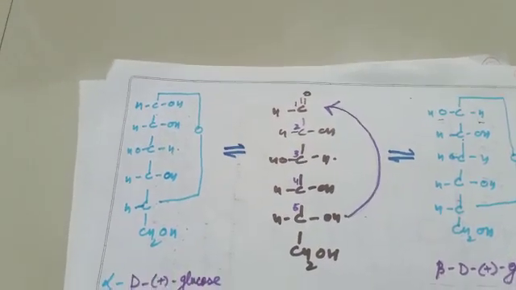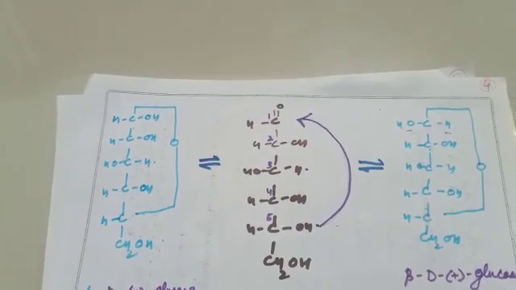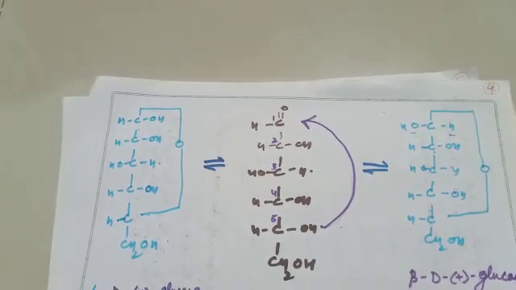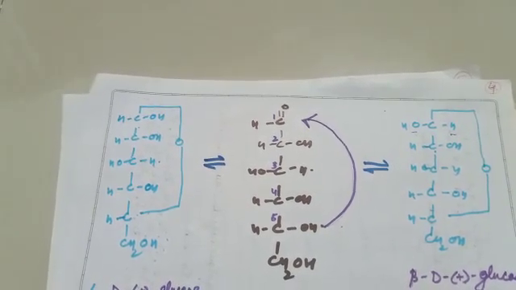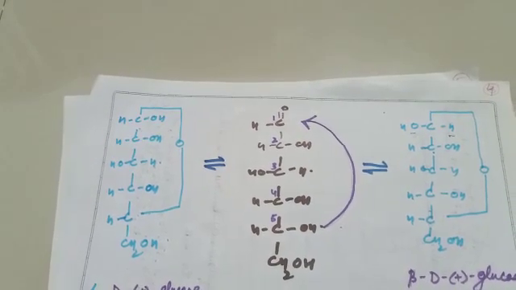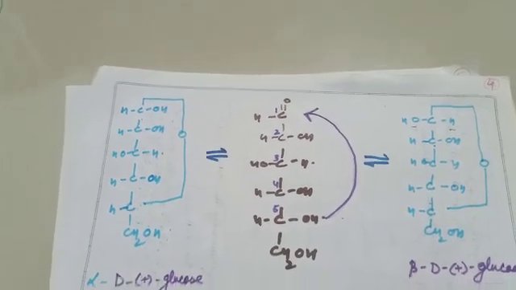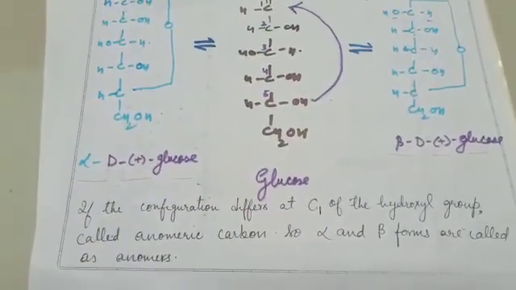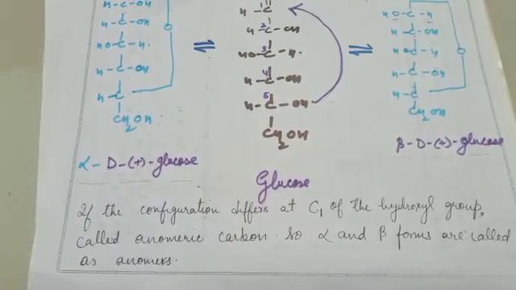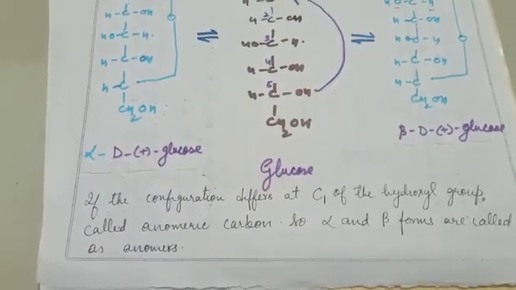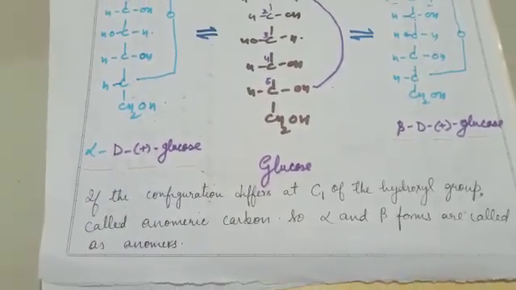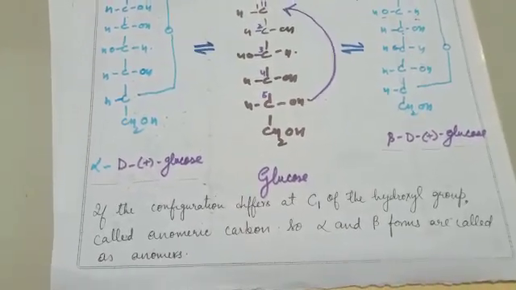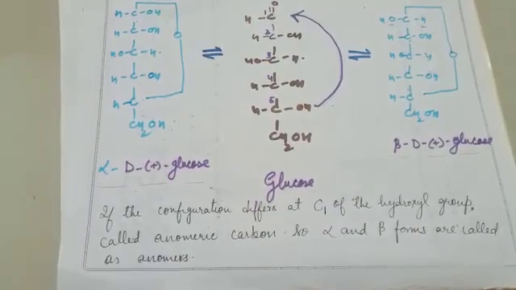So if the position of the hydroxyl group changes with respect to carbon 1, it is said to be anomer, and that carbon is said to be the anomeric carbon. Okay? So you can write in your copies that if the configuration of the hydroxyl group differs at carbon 1, it is called the anomeric carbon, and thus there are two forms of glucose, alpha and beta forms, and they are said to be anomers.